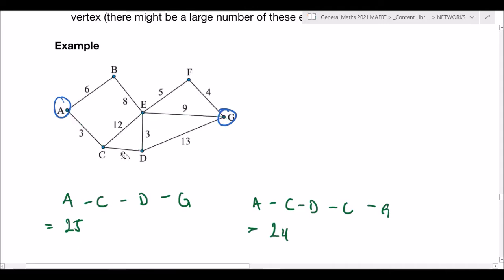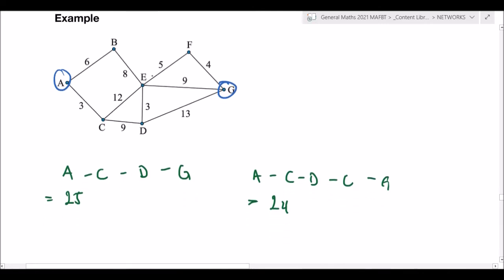Let's see. A to B is 6, to E is 14, plus the 9 there. Oh, okay, I think this one might be shorter. So A to B to E to F to G. Okay, A to B to E to F and then to G. I think this one actually is a lot smaller.